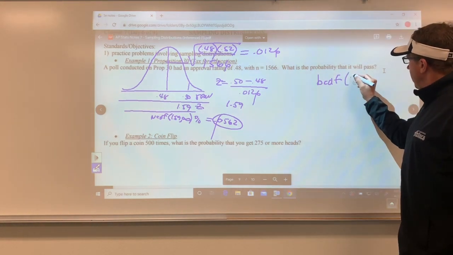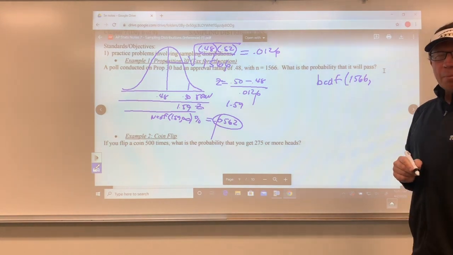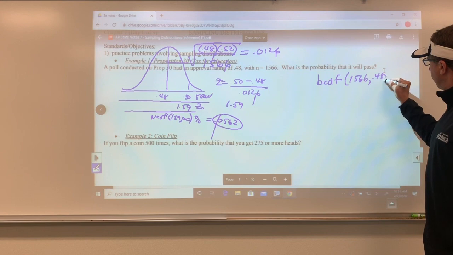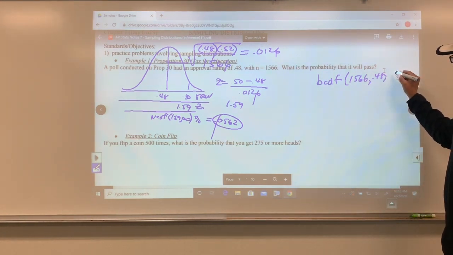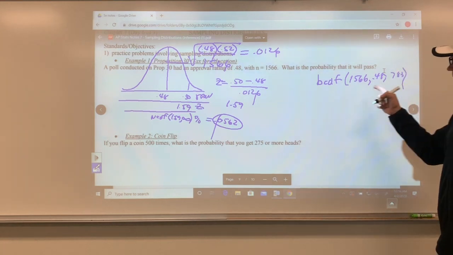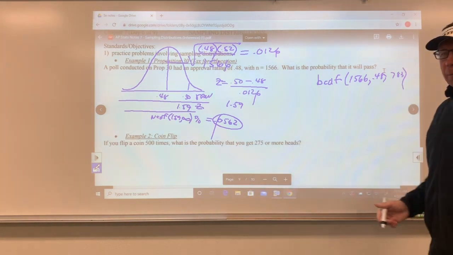So we got 1566 is the number of people that are in this poll. 0.48 is the probability of voting for it. And half of 1566 is 783. Okay? Once I get that number, it's going to be in the 90%, obviously. It's going to be the complement of that.